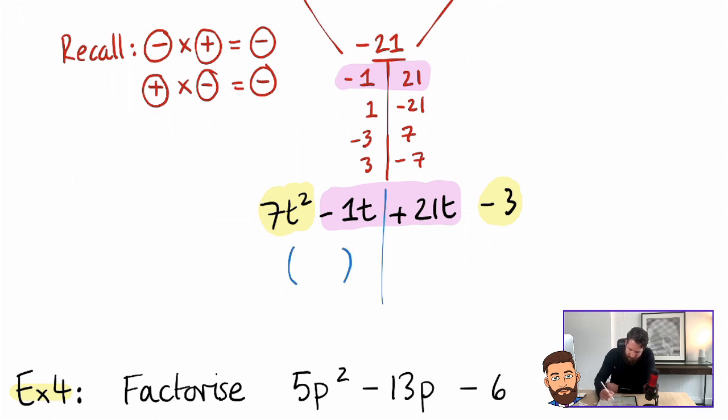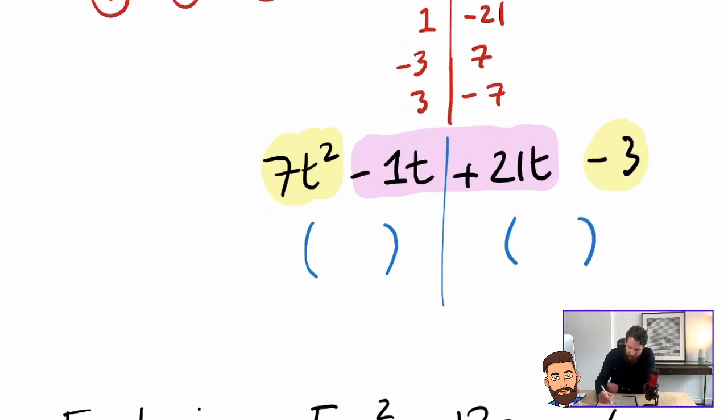We're going to factorize each side. So if we factorize the left side, well, the only factor of 1 and 7 is 1 because 7 is prime. But we have got a t, so we could take a t out, which would leave me 7t minus 1. 7t times t is 7t squared. t times minus 1 is minus 1t.